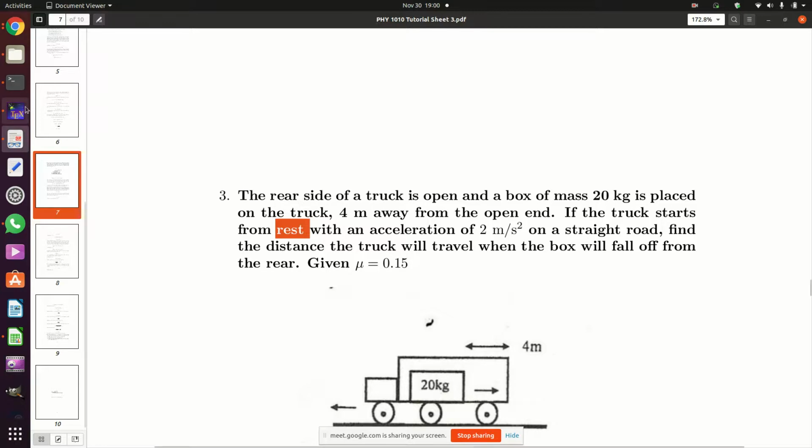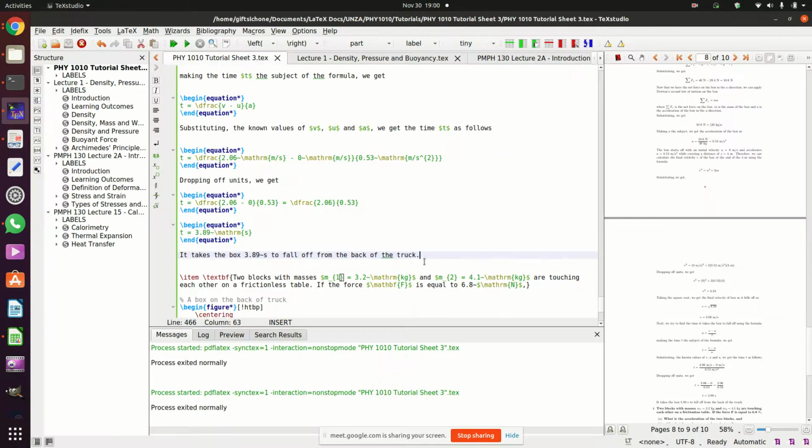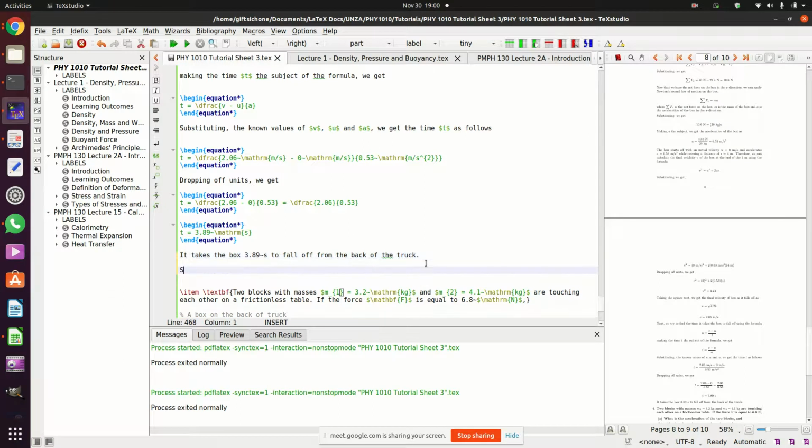Yes, sir. So, since the truck starts off from rest, the initial velocity of the truck is u is equals to 0 meters per second.